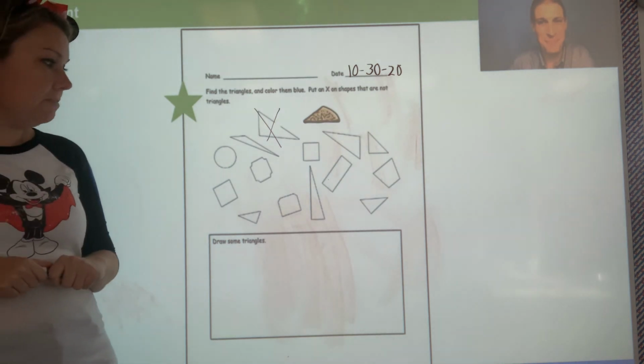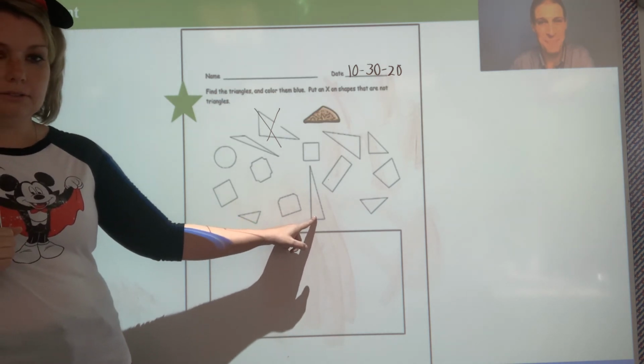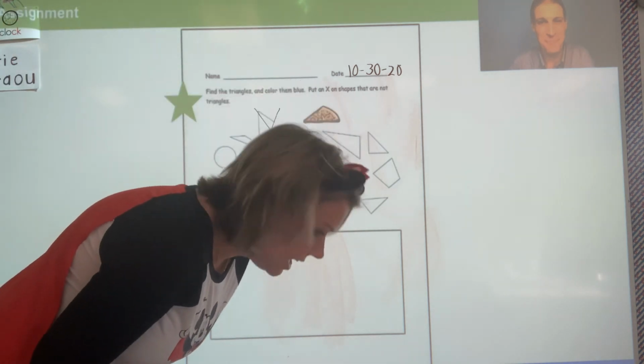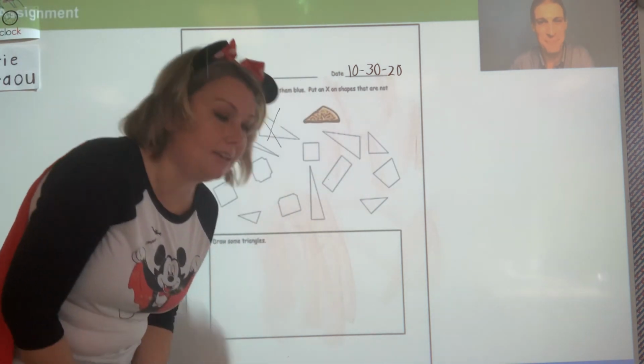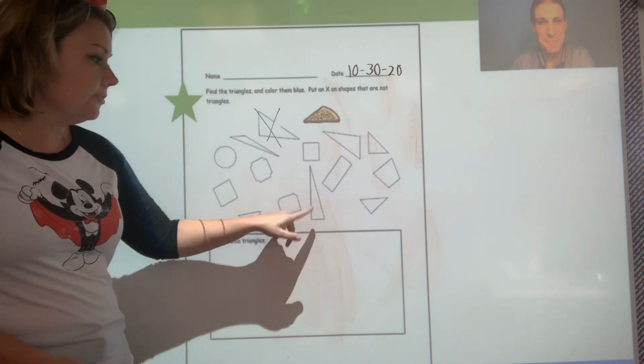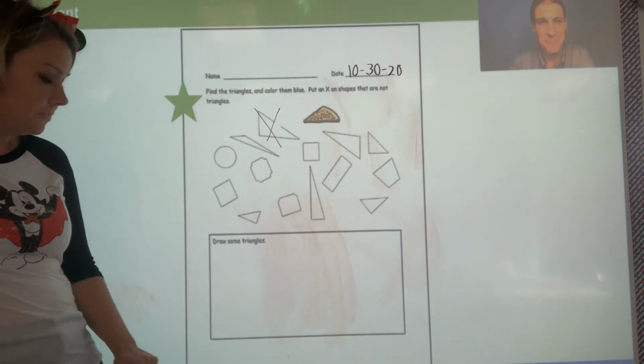Okay, what about this? Is this a triangle? I see a lot of yes. Yes, it is a triangle because it has 3 sides, 3 corners, it's closed, and they're all straight.